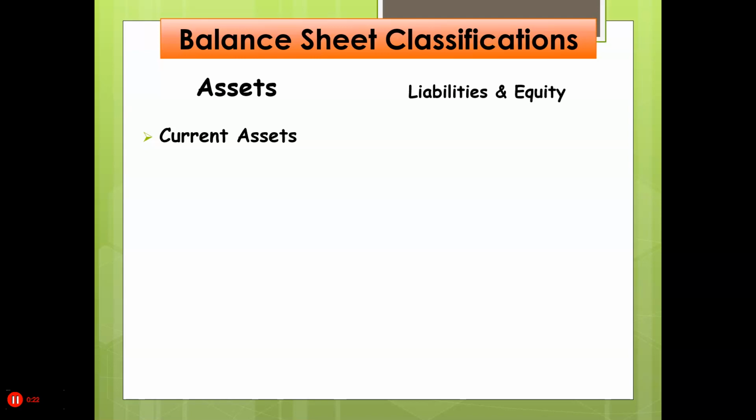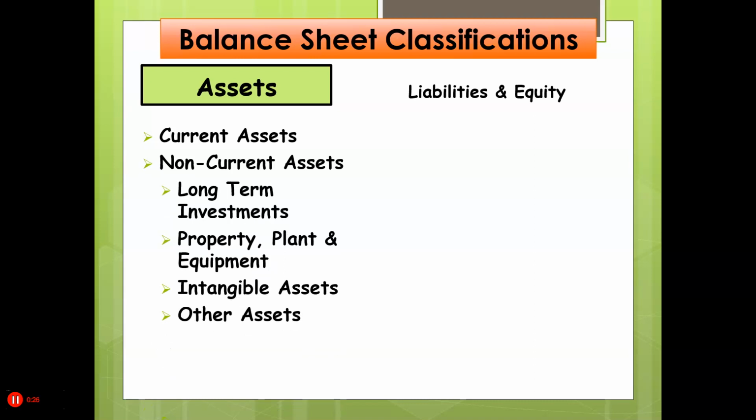So the first thing you need to know is what our balance sheet classifications are. We know that assets, which we usually have more of, are current and non-current. Those would include long-term investments, PP&E, intangible, and other, which is things that you can't put anywhere else. And then, of course, we have liabilities and equity.